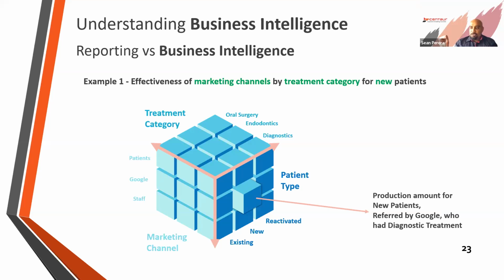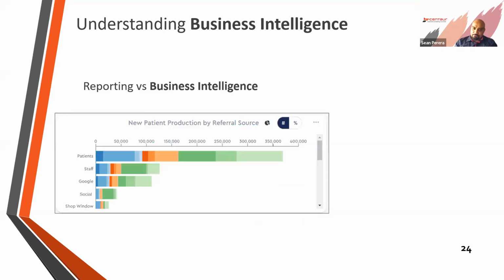So this, for example, gives you the production amount for new patients referred by Google who had diagnostic treatment. So that is the theory. How would it look in practice? Instead of running multiple reports, business intelligence can give you that information.